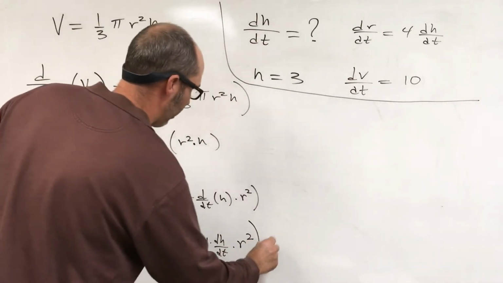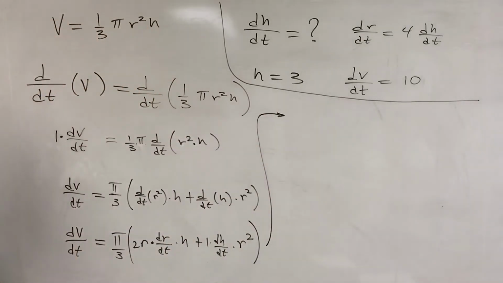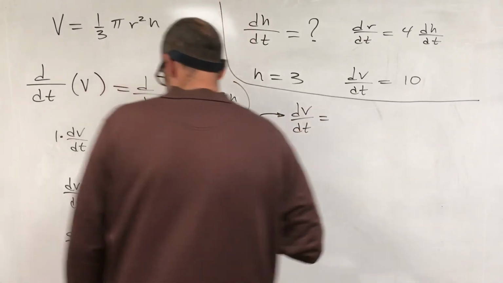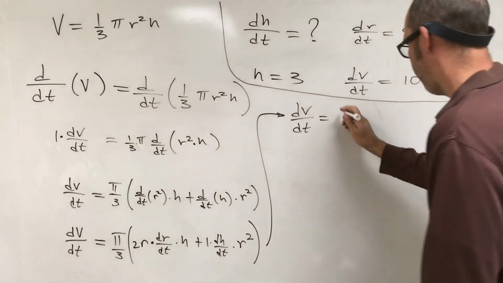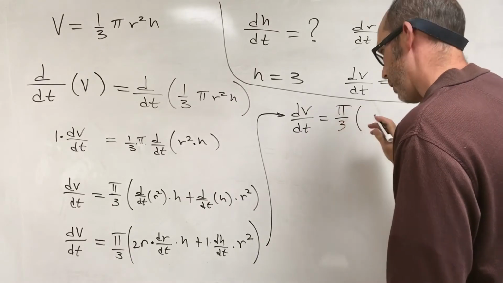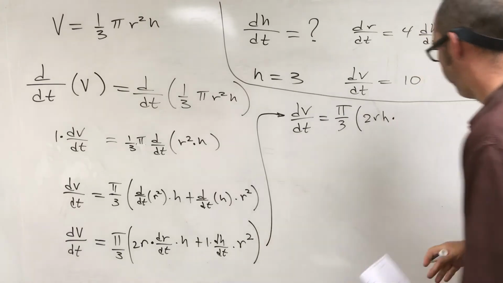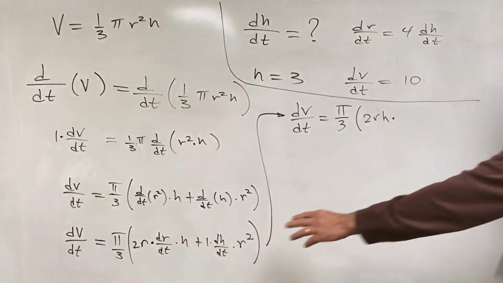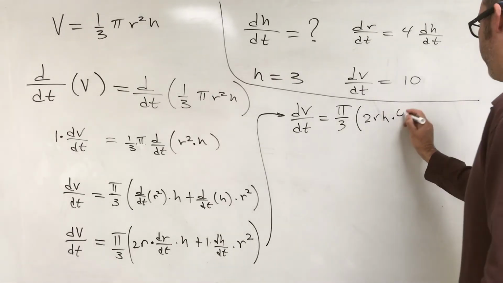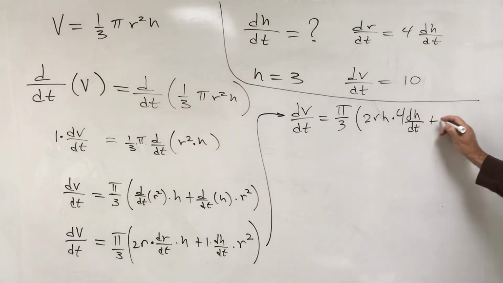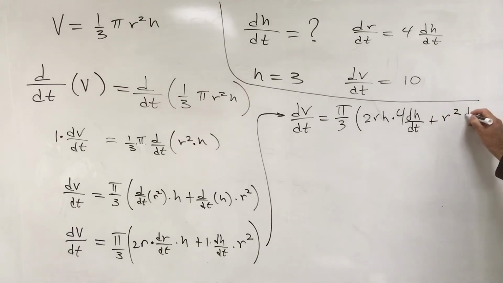So dV/dt equals pi over 3 times 2rh times dr/dt, which is 4 dh/dt, plus r squared dh/dt.